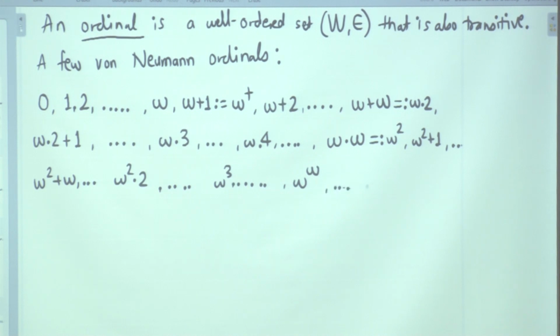Then eventually you will also have omega to the power omega to the power omega, and if I continue like that, then I will have epsilon naught, which is defined to be omega to the power omega to the power omega to the power omega, and dot dot dot. It never ends. Epsilon naught is the smallest solution of the equation omega to the x is equal to x.